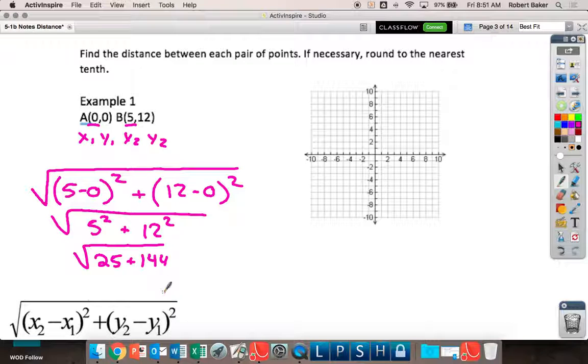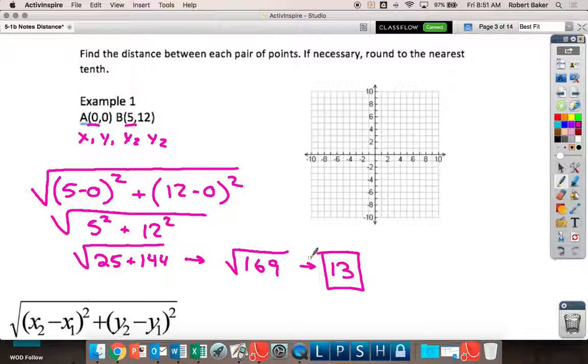Keep PEMDASing. Add the stuff together under the radical. 25 plus 144. 169. And then you must take the square root of 169. 13. All that math and we get the number 13.